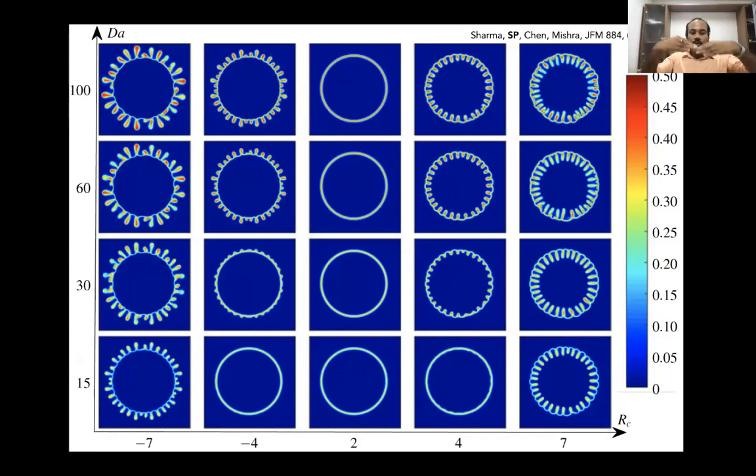Similarly, if you now move vertically upwards along the y-axis, with increasing Damkohler number, the instability becomes more and more prominent and stronger. Then we ask the question of whether for all non-zero RC we have instability or not.